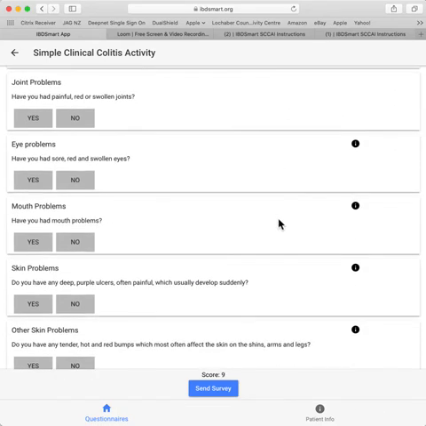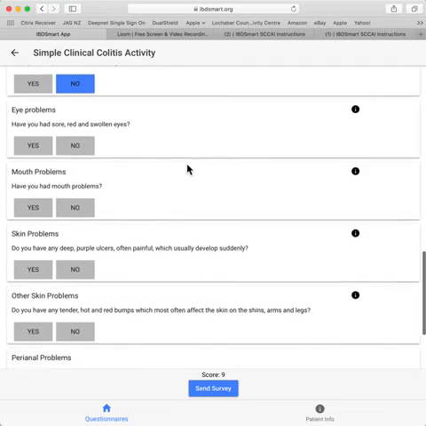The next 6 questions all relate to problems that might be connected to your ulcerative colitis, but not concern directly to your bowel motions. They can all be answered in a yes or no. The first is whether you have painful, red or swollen joints.